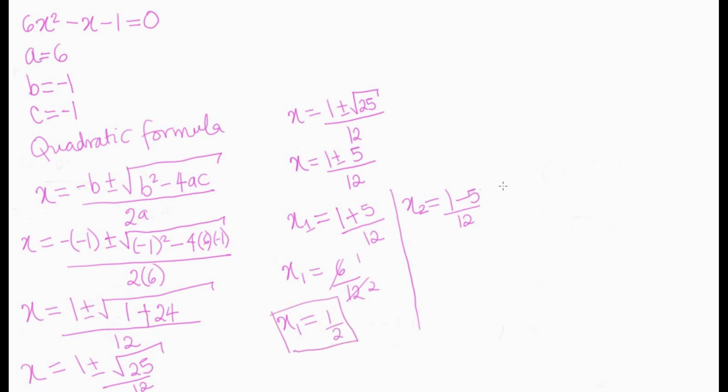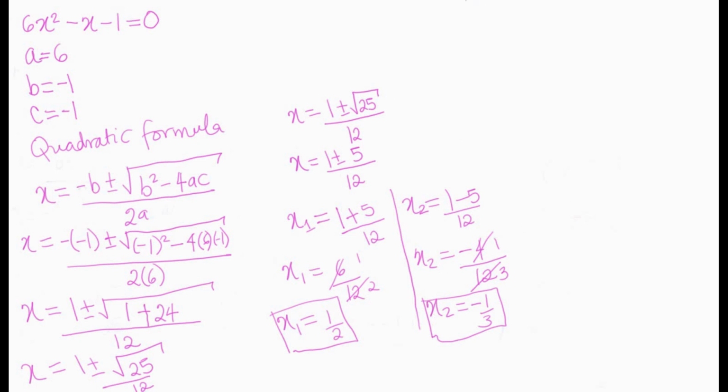And then the second value, or the second root, is x sub 2. 1 minus 5 is just -4 over 12. So 4 divided by 4 is 1, and 12 divided by 4 is 3. But we still have this negative value here, so we then have x sub 2 to be -1 over 3. So those are the two values that we've solved for.